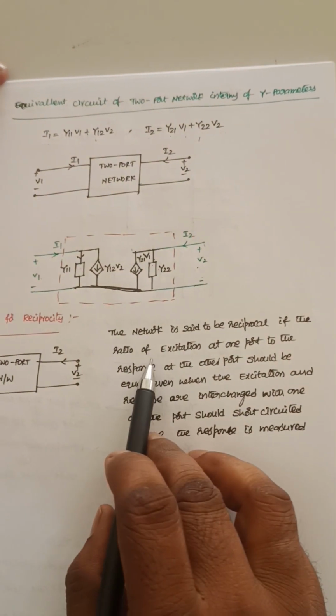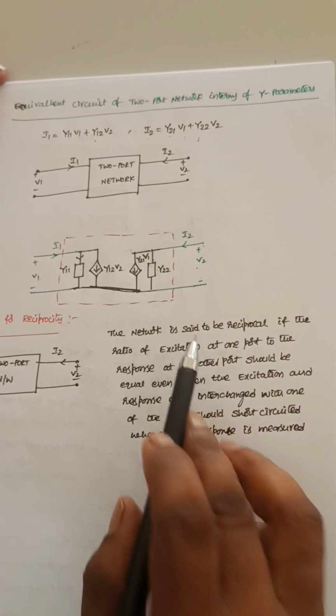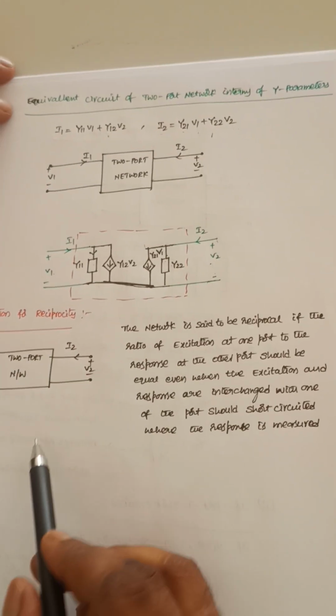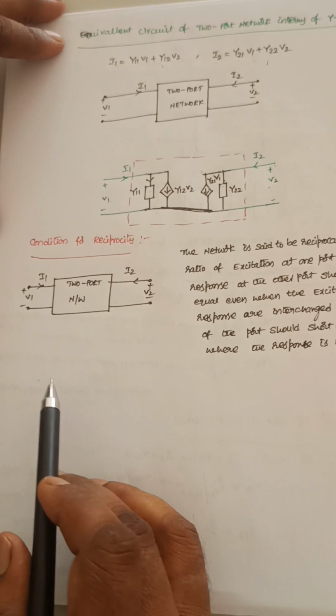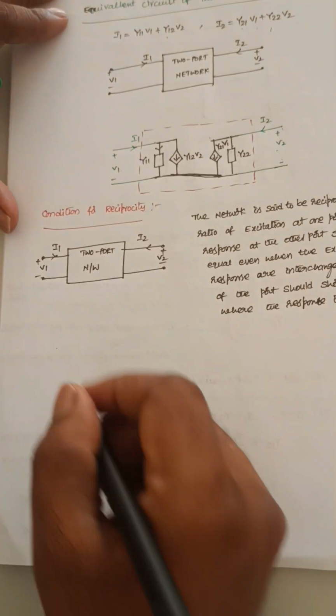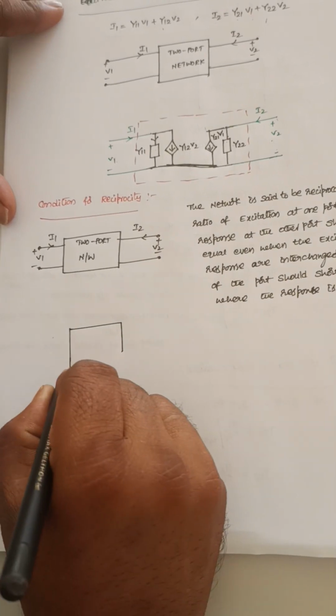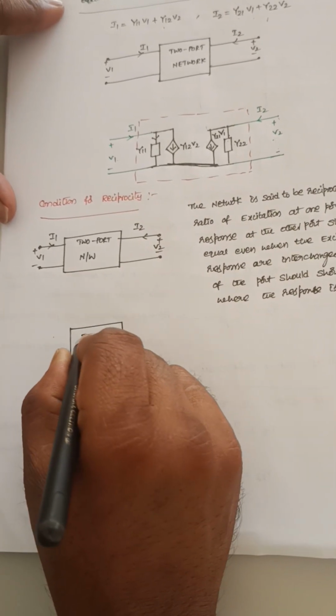So the network is said to be reciprocal if the ratio of excitation, let me take the excitation here for this two-port network.